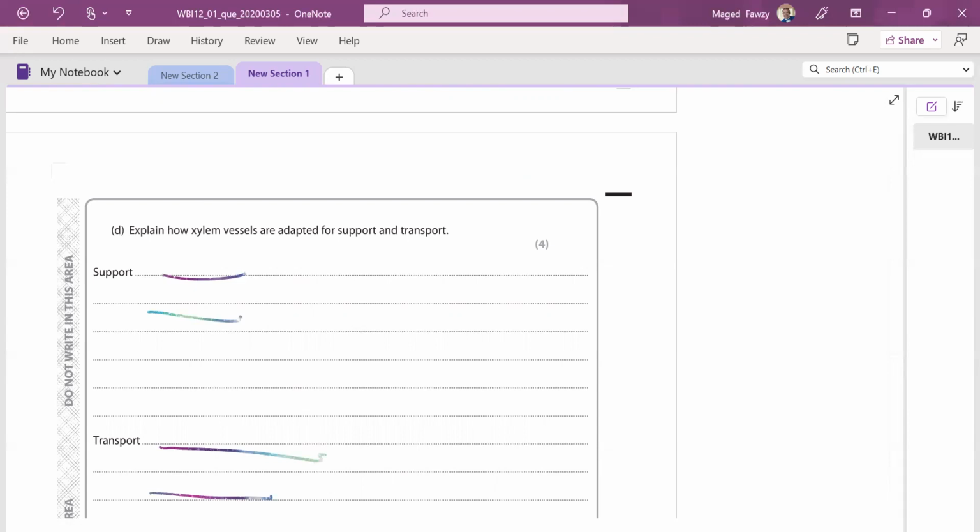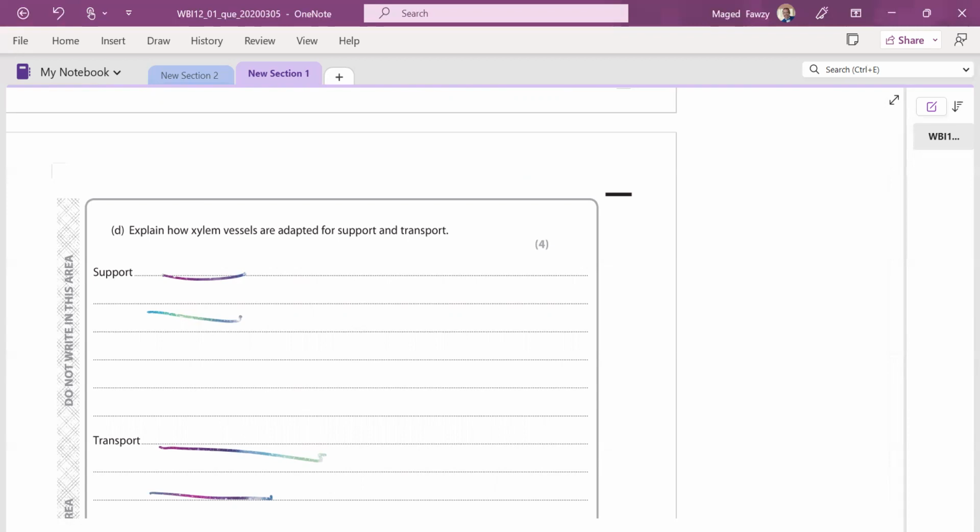It helps cell adaptation. So I will write the structure for support, and the cell wall has a secondary thickening, which is lignin. That's it.